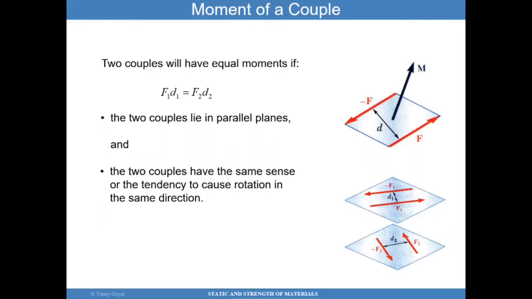So you could have two couples with equal moments, but they have to be lying in parallel planes, and have the same tendency to cause rotation. So how can you accomplish that? Well, the force F1 must be larger and D1 can be smaller. In this case, F2 could be smaller and D2 could be larger, but the multiplication could be about equal. And so in that case, you could have two couples with equal moments.